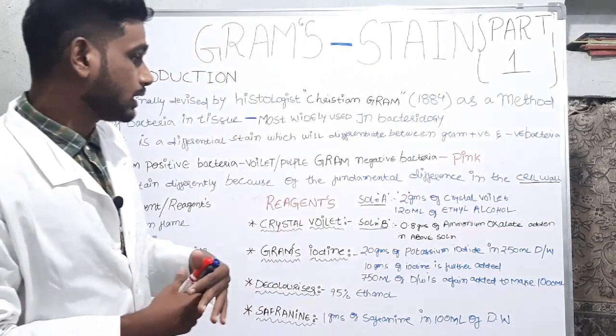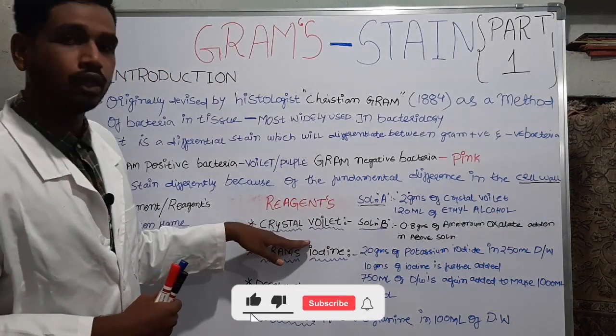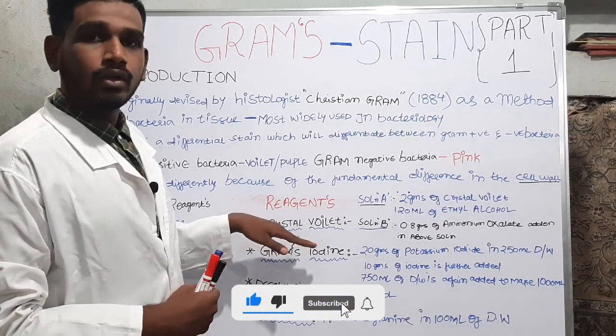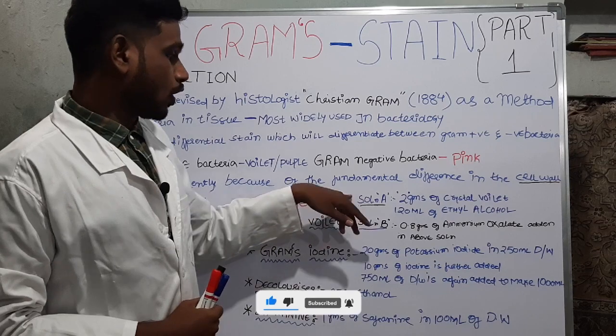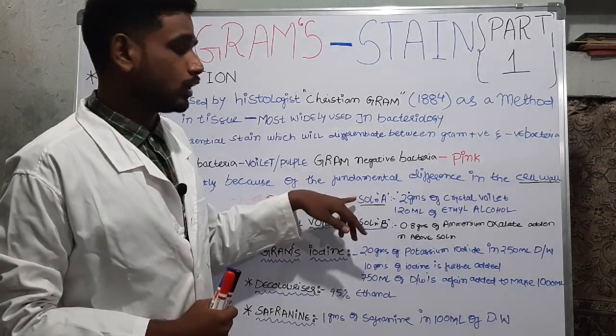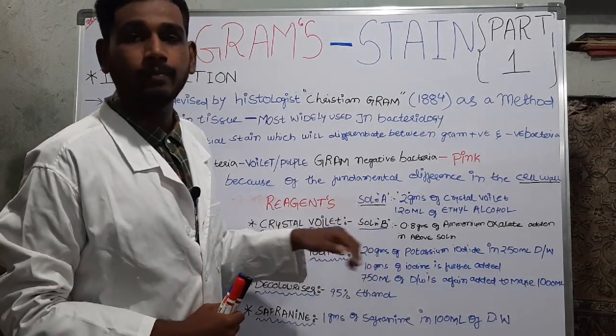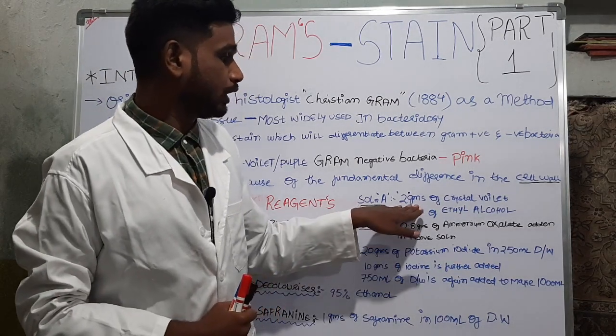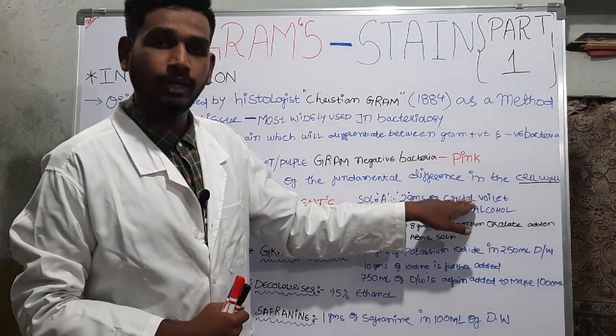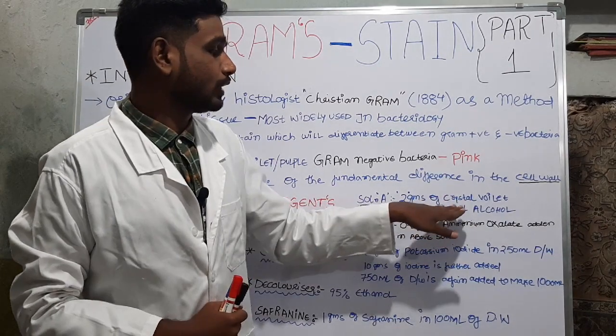Now we are going to see how crystal violet is prepared. It is actually a combination of two solutions, solution A and solution B. Solution A is prepared by dissolving 2 grams of crystal violet in 120 ml of ethyl alcohol.